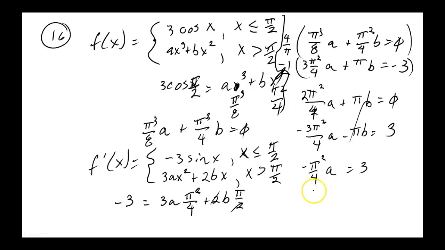And divide by pi, so a is equal to minus 12 over pi squared.